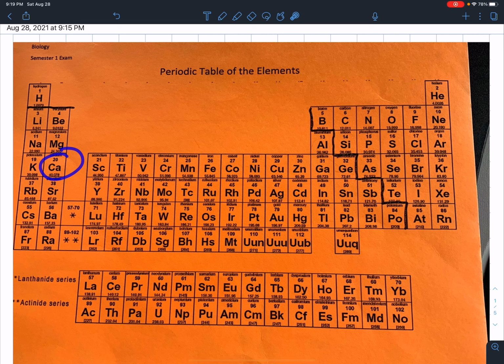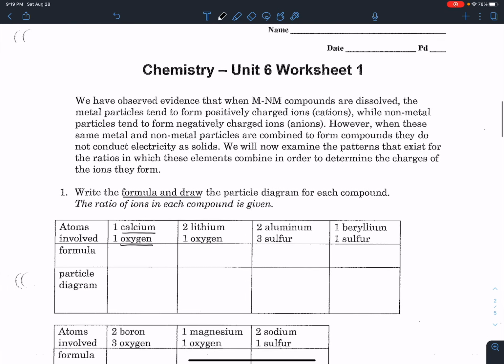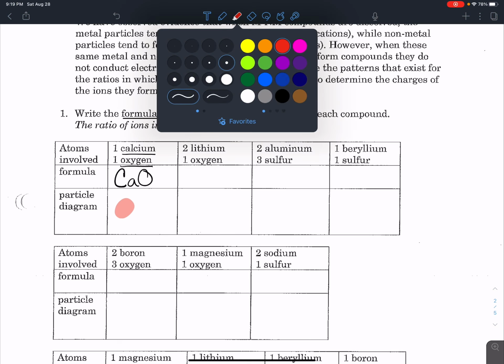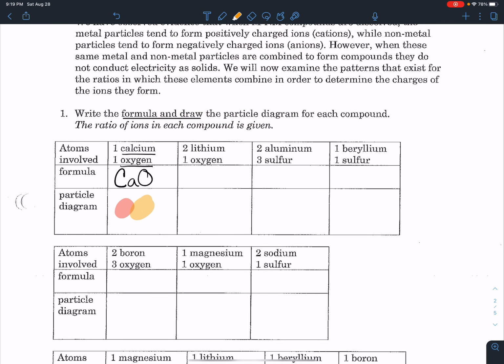Calcium is number 20 here, the symbol is Ca, and oxygen is number 8, the symbol is O. So if I have to draw a formula with 1 calcium and 1 oxygen, and then the particle diagram for that, you might just want to use like 2 circles and maybe use like 2 different colors to differentiate them. One is a particle of calcium, one is a particle of oxygen.